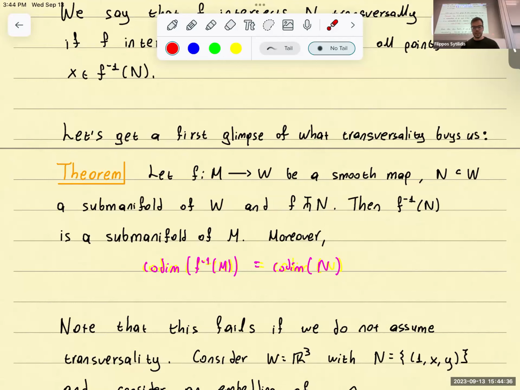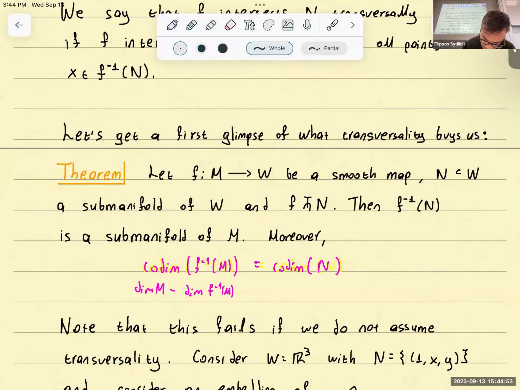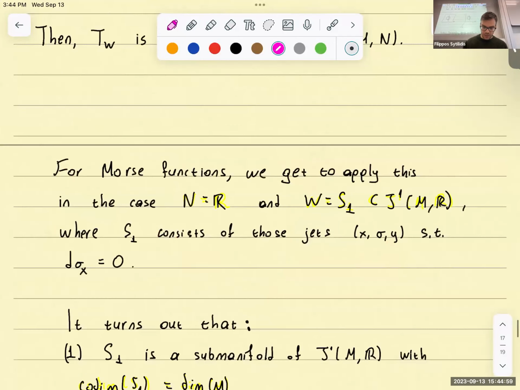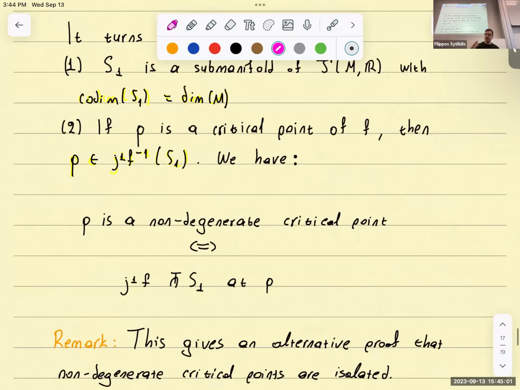So the codimension is the dimension of M minus the dimension of F inverse N. Sorry, that should be an N here. So in the remark, we assume that J1F intersects S1 transversally.